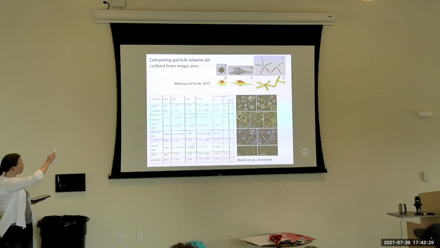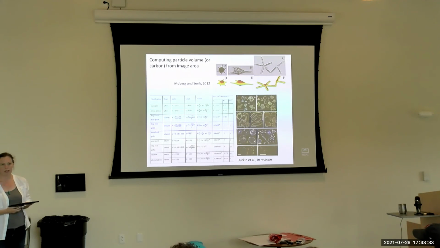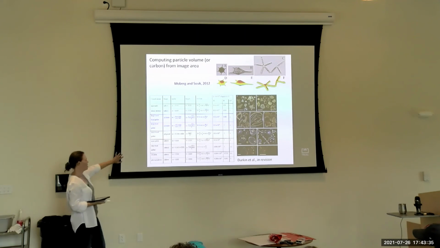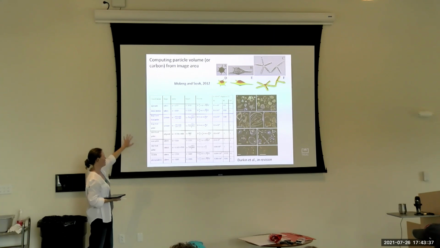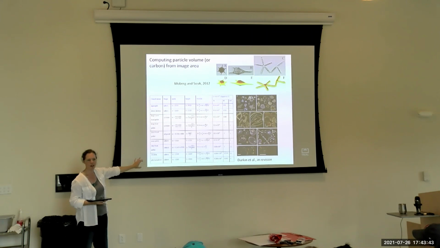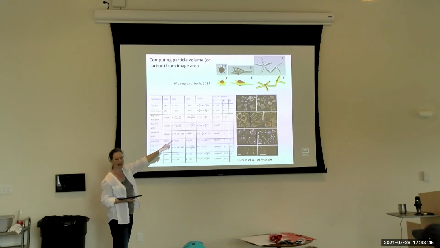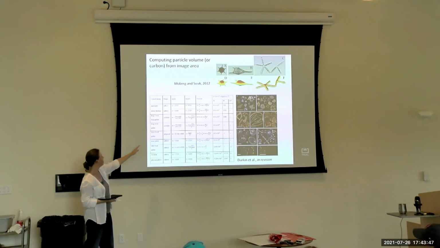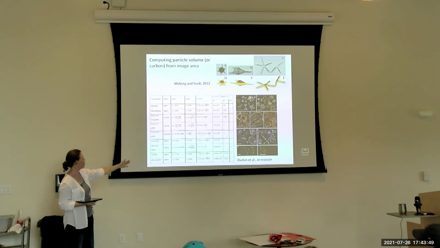The bottom part of the slide is the same sediment trap particles I showed you before. You don't have to look at the details of this table, but it's basically a table listing the geometric shape that was used to model the volume of every particle class on the right-hand side. And how do we parameterize its width and length as a function of its equivalent spherical diameter? How do we convert that ESD to a volume?